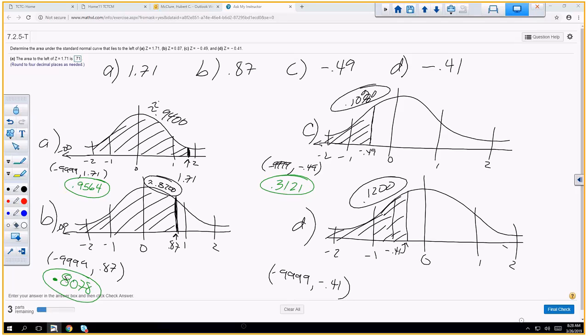Yeah, I must have added wrong or something. Anyway, and this one's gonna be about the same. Negative 9999 to negative 0.41, what is it? 0.3409.